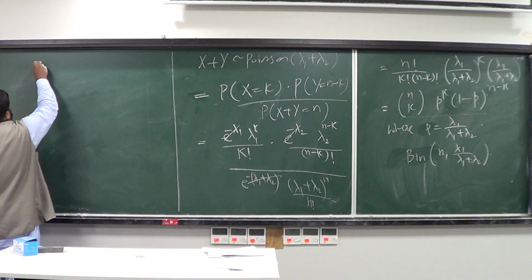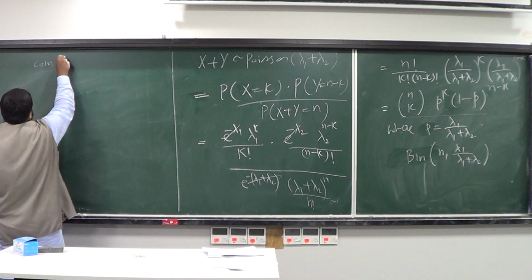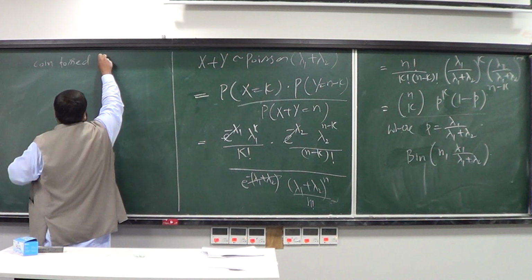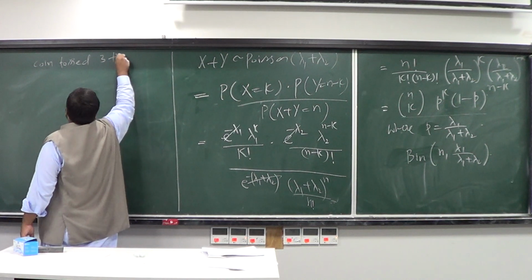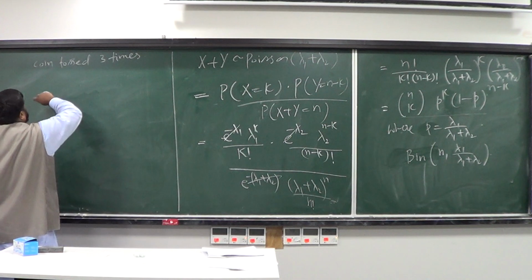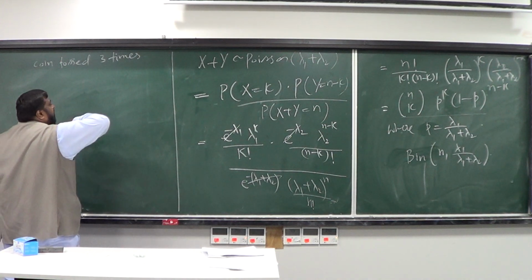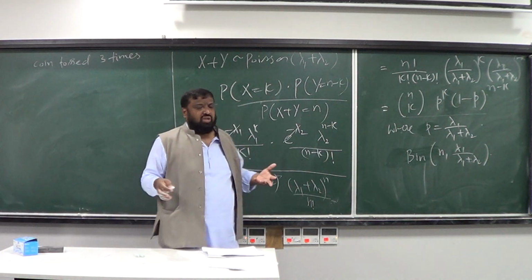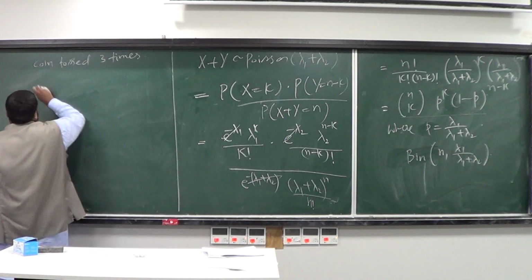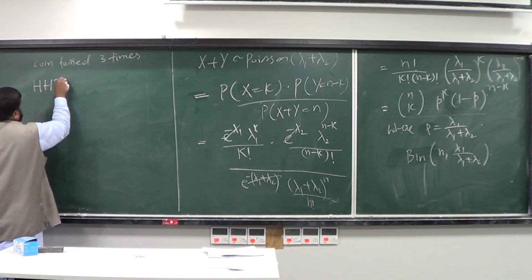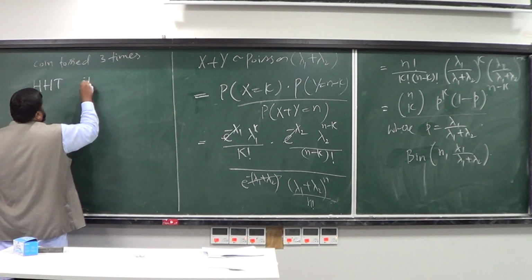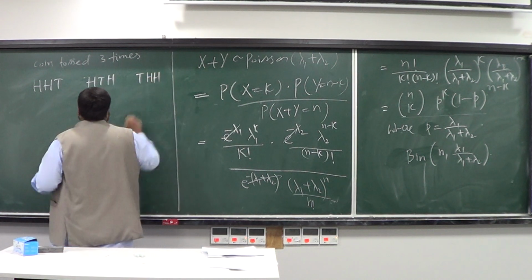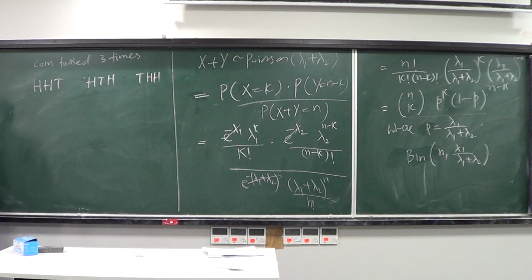The coin is tossed say 3 times, and then we want to consider those outcomes in which you can have 2 heads. So what are those potential outcomes? Head, head, tail; head, tail, head; and tail, head, head actually. Okay, so these are the 3 outcomes.